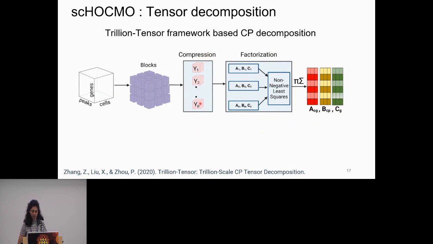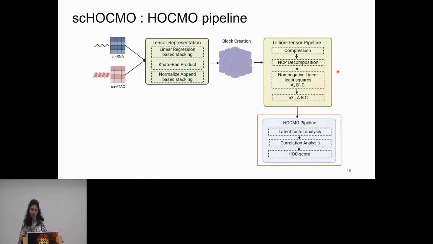So the Y are the replicas, and each of these replicas is then factorized using non-negative CANDECOMP/PARAFAC decomposition to yield latent factors, joined through a non-negative least squares equation. And finally, the intermediary latent factors are rotated and permuted to obtain latent factors A, B, and C, representing the underlying signatures of cells in A, peaks in B, and the genes in latent factor C. Finally, these latent factors are analyzed through the HOCMO pipeline to obtain the higher order correlation scores.